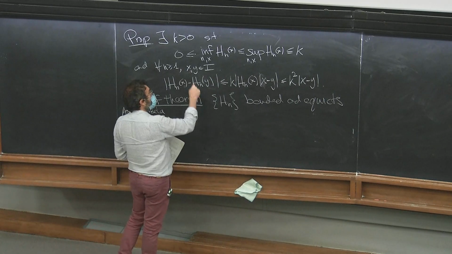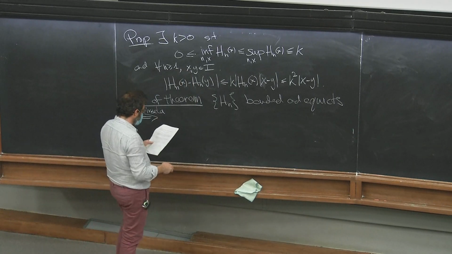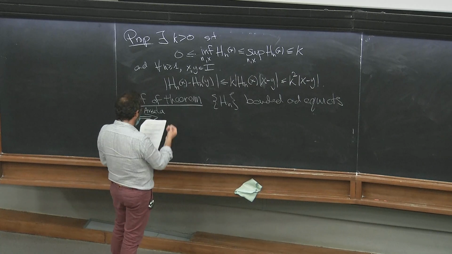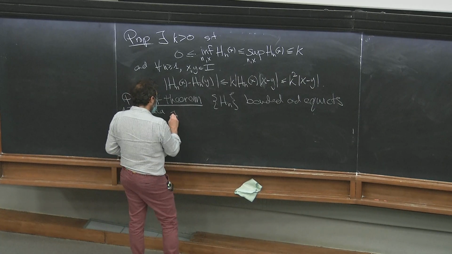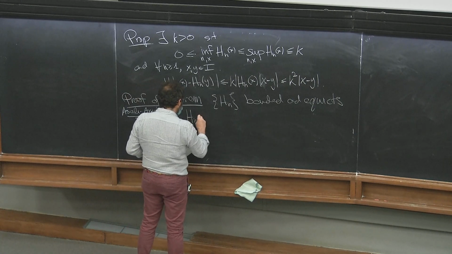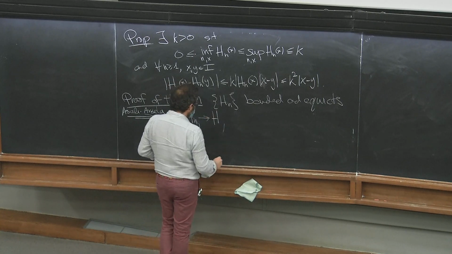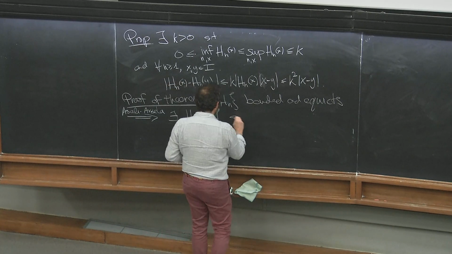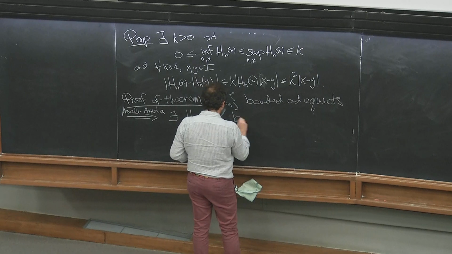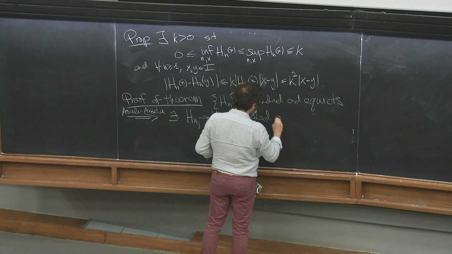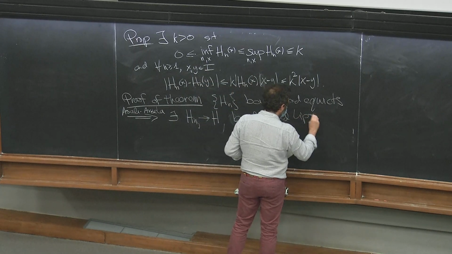Any limit point will also satisfy the same conditions, and limit points exist. So there exists some h and a subsequence Hnj converging to h, satisfying the same conditions, also bounded and Lipschitz.